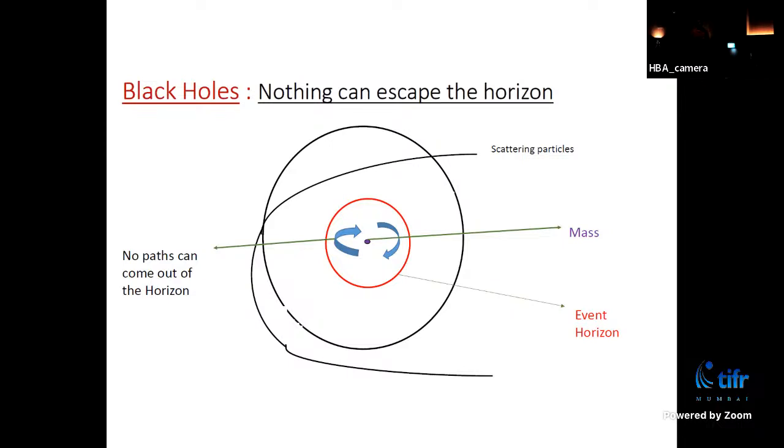Now, once the particle or any body crosses the horizon, then there is a difference. Then scattering trajectories don't exist. None of the trajectories present inside the black hole can escape the event horizon. All they do is spiral back towards the mass of the black hole.